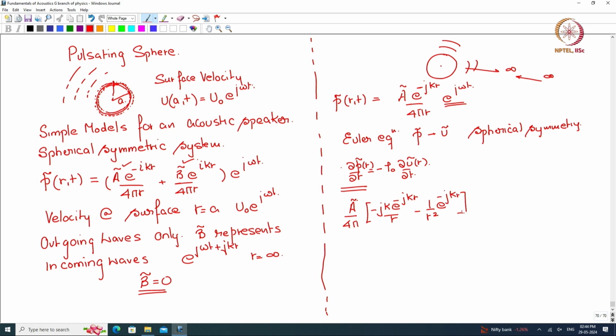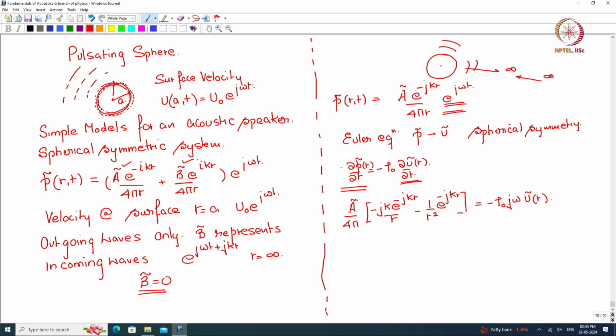This is del p del r, and that is equal to minus rho 0. This particle velocity has the same time dependence j omega t. So, I will bring in a j omega and u tilde of r. I am taking shortcuts. By now you should get used to it, because carrying this j omega t all the time is very cumbersome.